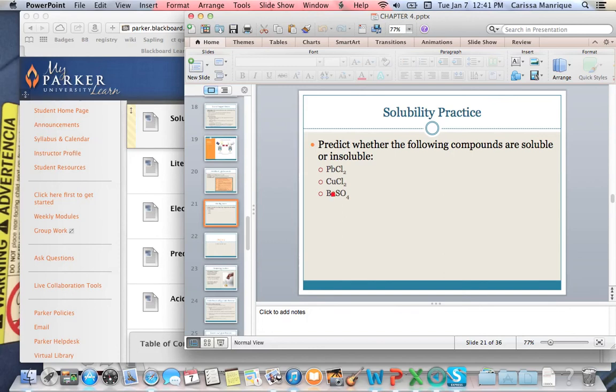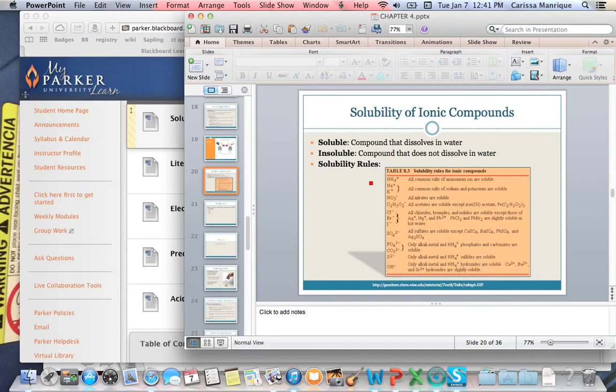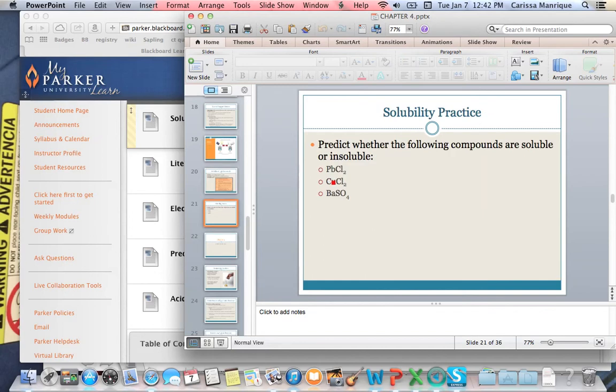Okay? So find some portion, either you're looking for barium or you're looking for sulfate on here. Notice on the side here, I don't see barium, but I do see the sulfate, so I read the rule and decide, okay, will that sulfate be soluble or not? And then I looked at the next one, copper chloride. I look for copper.